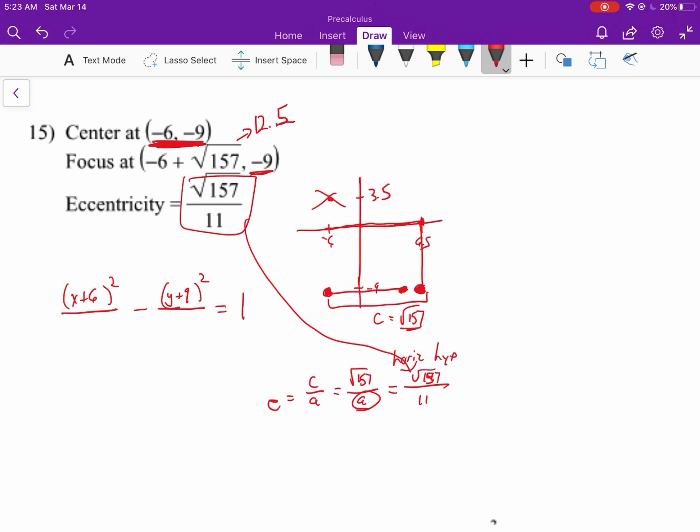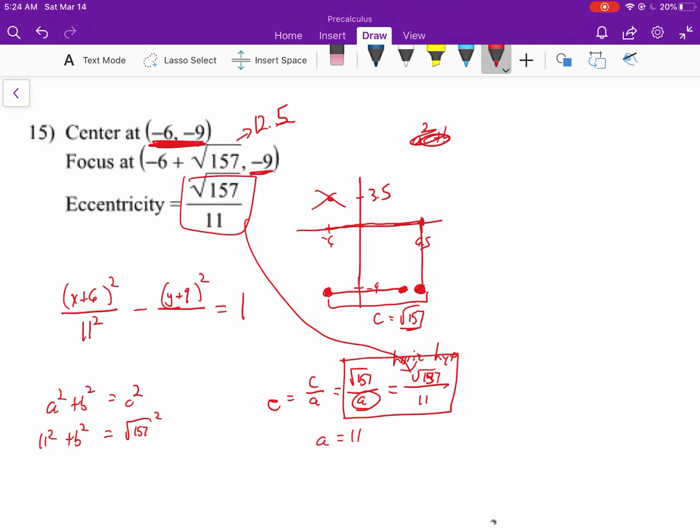So this tells us a has to be 11 because of this fraction right here. So a is 11. 11 is the horizontal, so 11 squared. We still don't have b, but we know that a squared plus b squared equals c squared. a squared is 11 squared. We don't know b squared, but we know c was square root of 157.